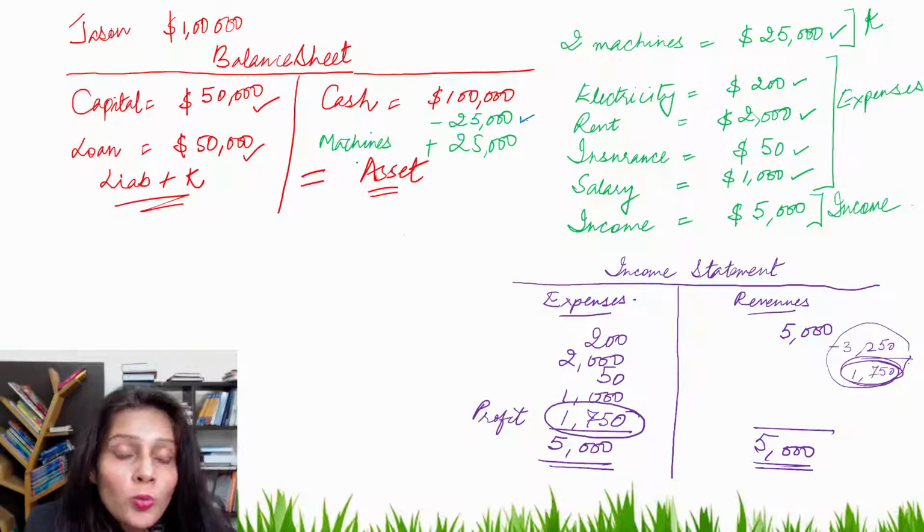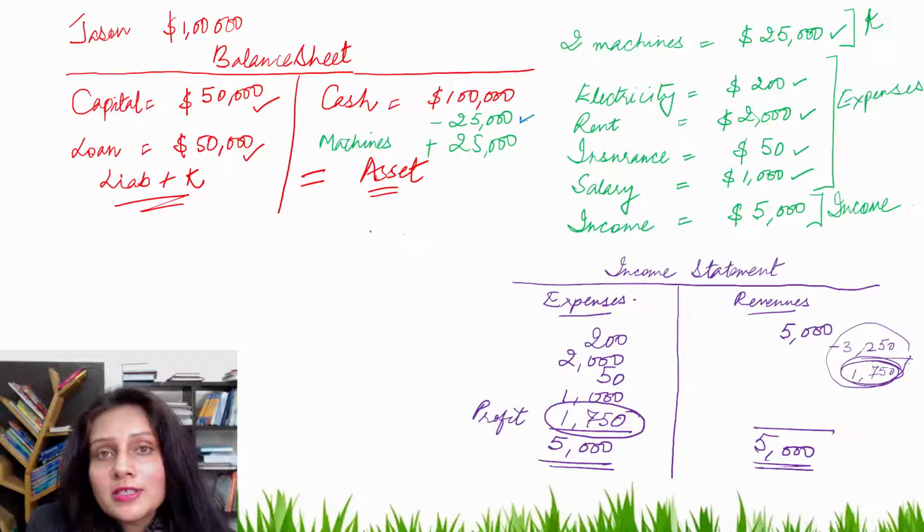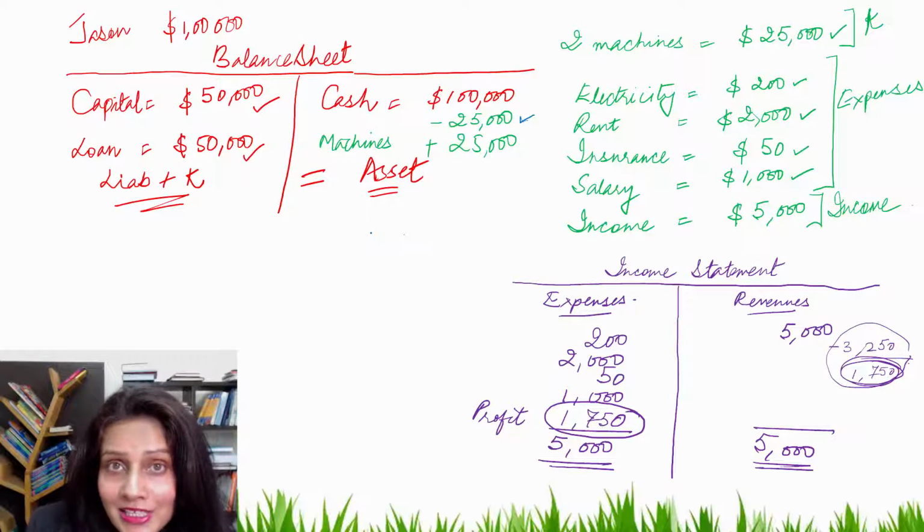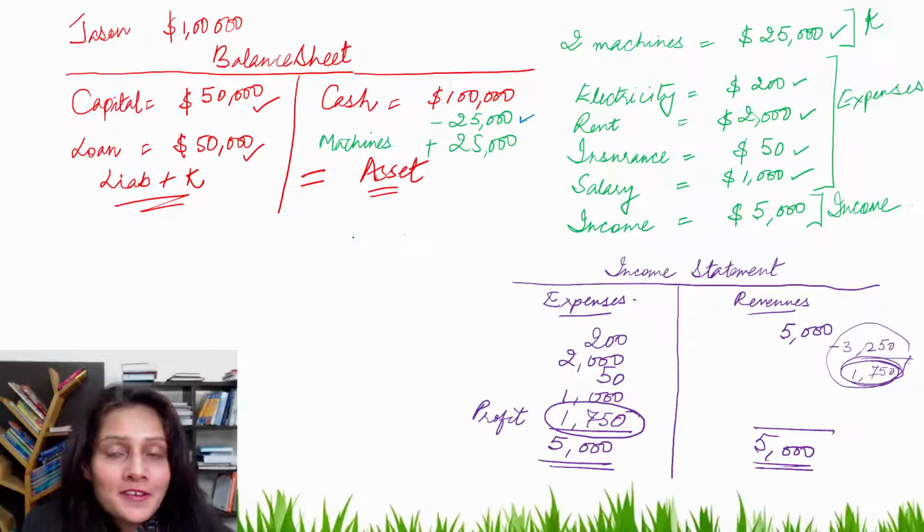each one of these. So we know that we have earned an income of 5,000. So 5,000 has come in the business as cash. Sorry, we have not earned, Jason has earned. So Jason has earned 5,000 as income and 5,000 has come in the business as cash.